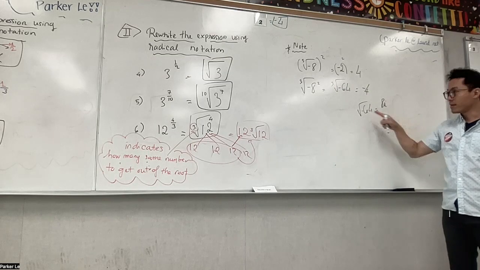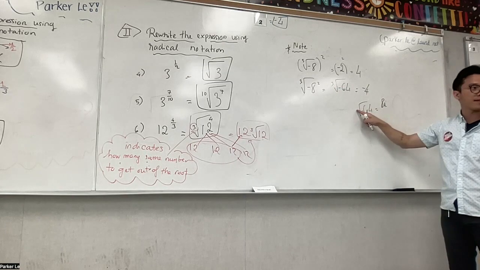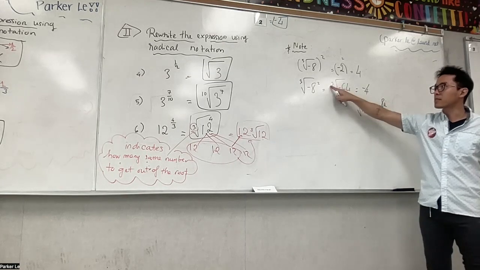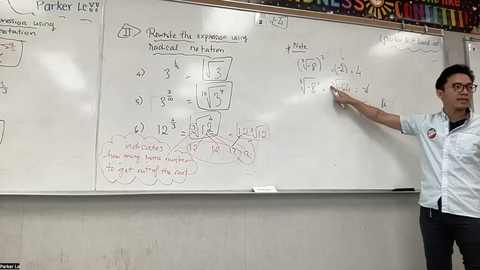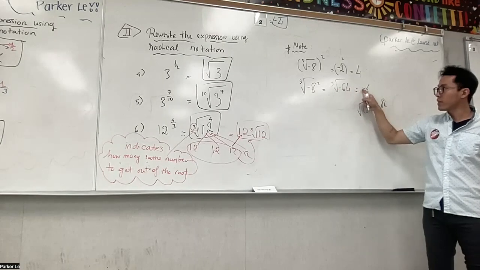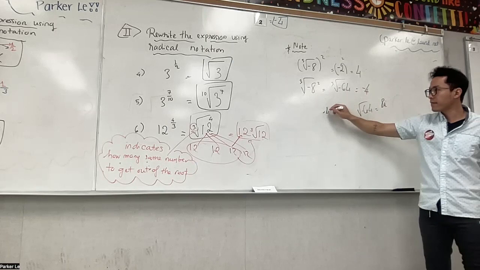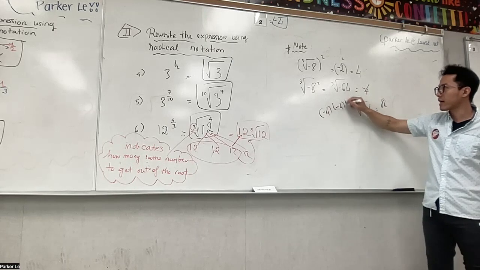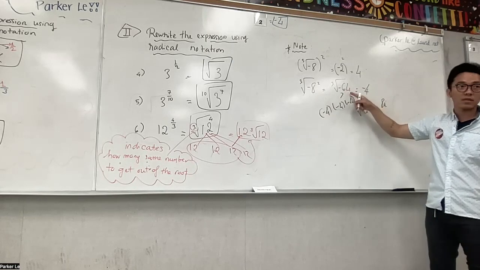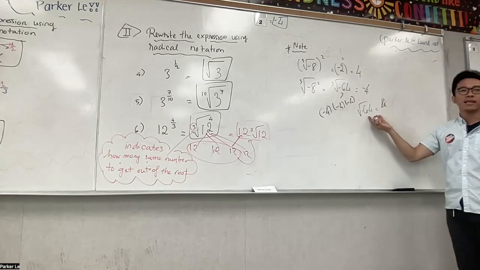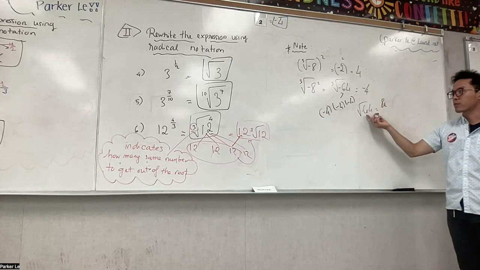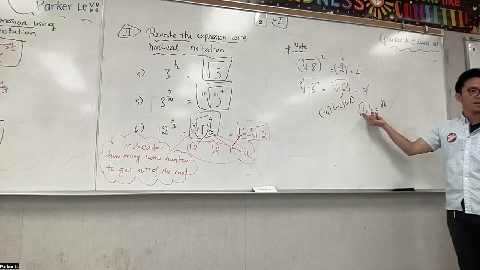Because the number is negative and the power is even. But here the number is negative but the power is odd, so it's still okay. It still has the negative, because negative 4 times negative 4 times negative 4 is negative 64. But you cannot find any two numbers that multiply to give you a negative.